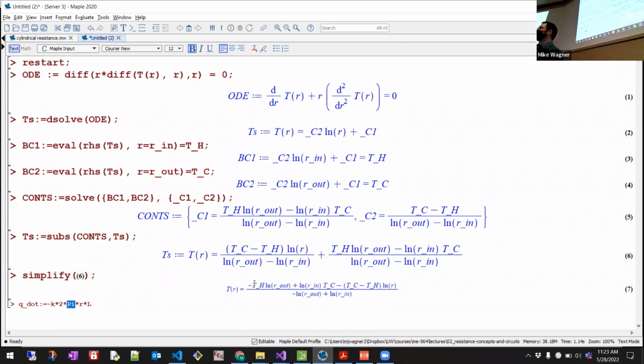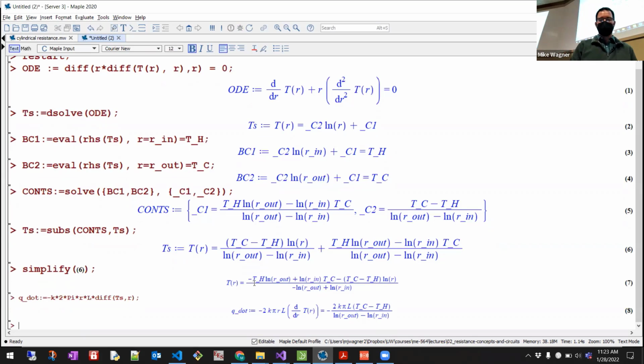Capital PI is the symbolic pi. So like 99% of the time you want capital PI. Okay, so Q dot is that. And then we have to multiply by diff of T of R, it's TR, which was a TS, right? Diff of TS with respect to R. Okay, so if we evaluate that, we get our derivative.